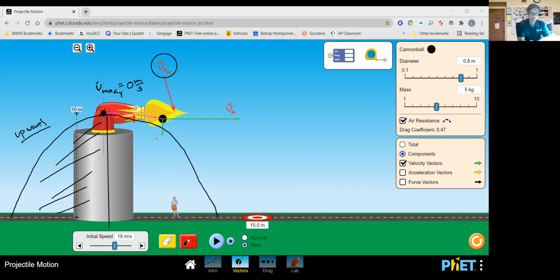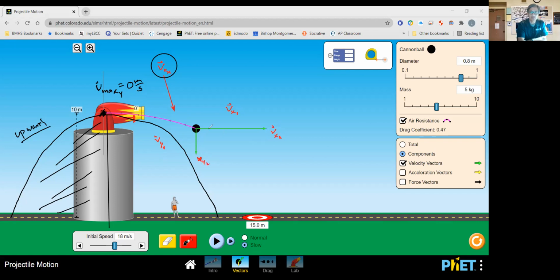But if you notice here, we're starting to see velocity along the y direction, and it's starting to grow, and it's going to get larger and larger. We'll call this Vx at position 1, and this is Vy at position 1. As we allow it to progress, at this position here we'll call this Vx2, and this is Vy2.